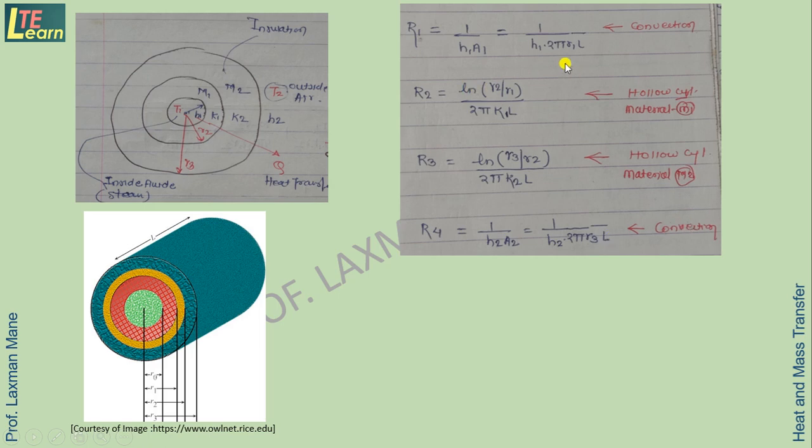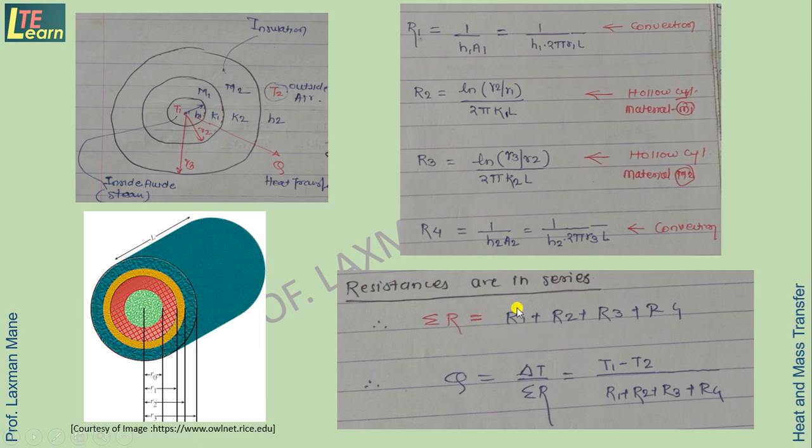So R1 and R4 are for convection and R2 and R3 are for conduction. The resistances are in series, so we take the summation of these 4 resistances. Then Q is equal to delta T, meaning T1 minus T2, the temperature difference between outside and inside, divided by the sum of these 4 resistances.